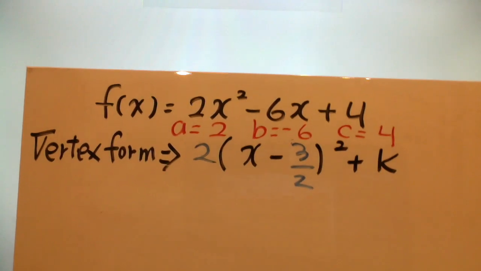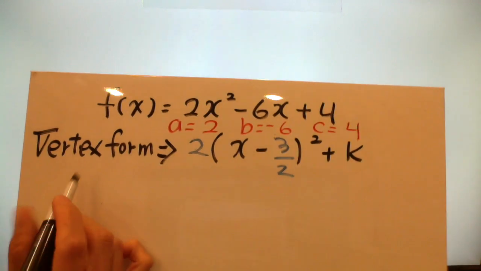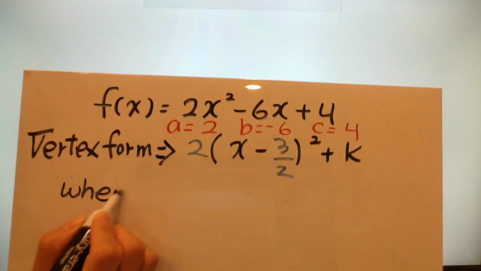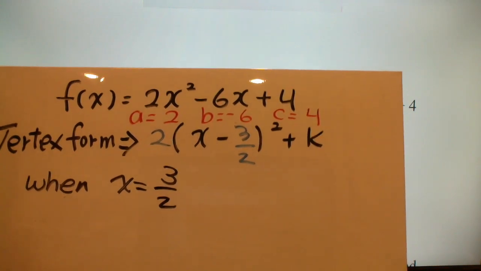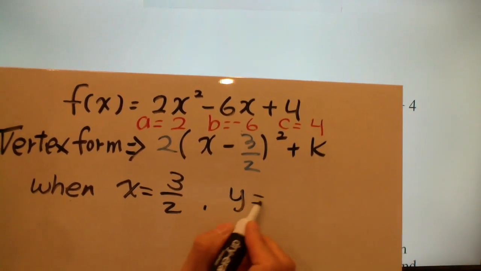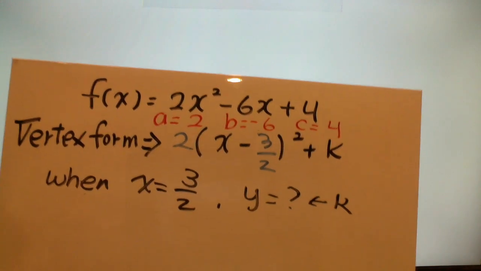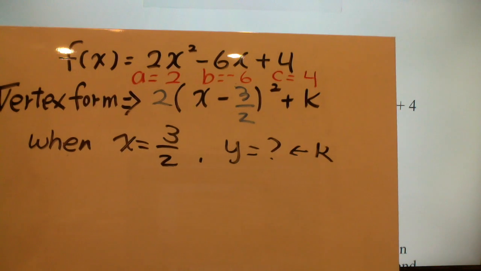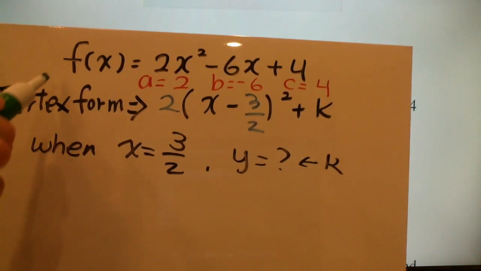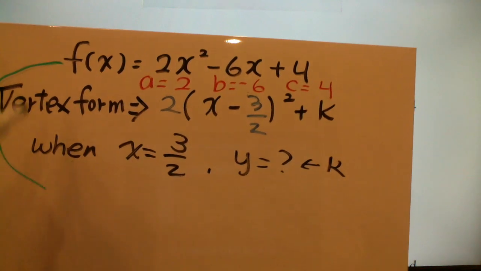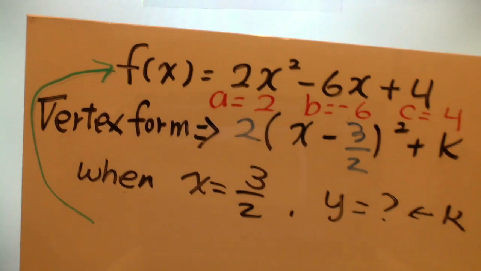I trust you remember, and I will go ahead. So when you have x, we need to find y, there will be k. So how do we do this? Going back to the original given equation right there.